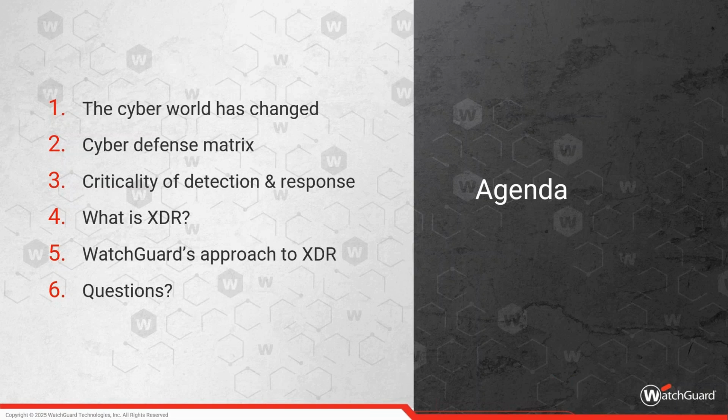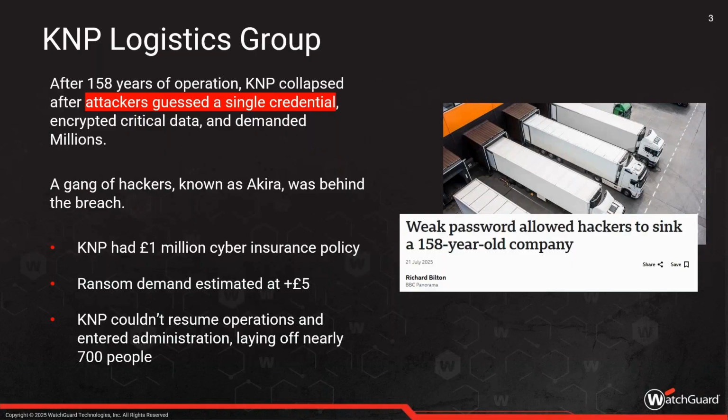So with that, I'm just going to jump right into the content. I wanted to start out with a story that many of you on the phone have heard about at this point, right? In July of this year, a 158-year-old organization called K&P Logistics Group, based out of the United Kingdom, actually had to close their doors as the result of a cyber attack.